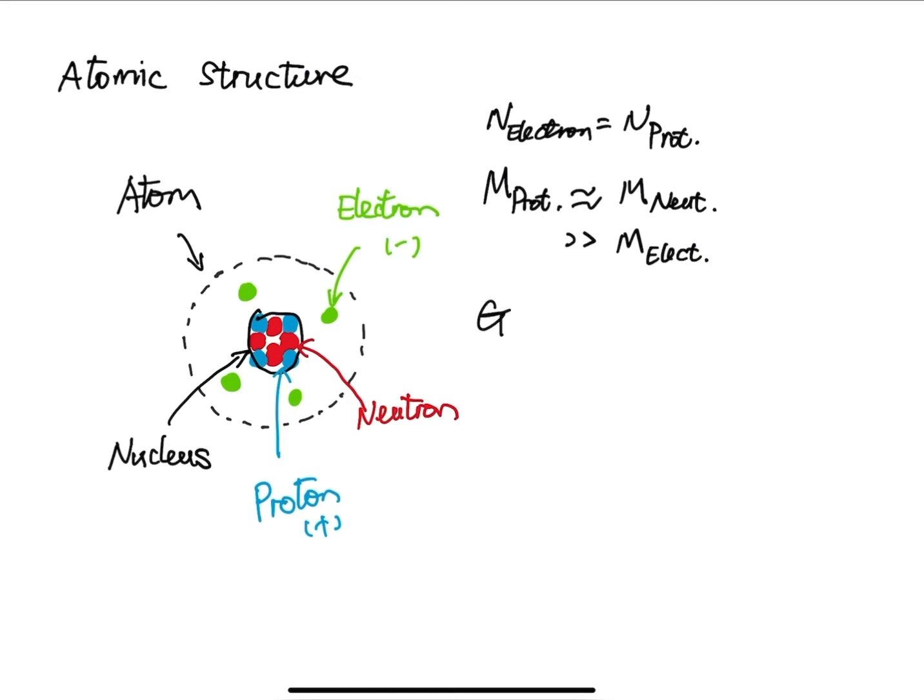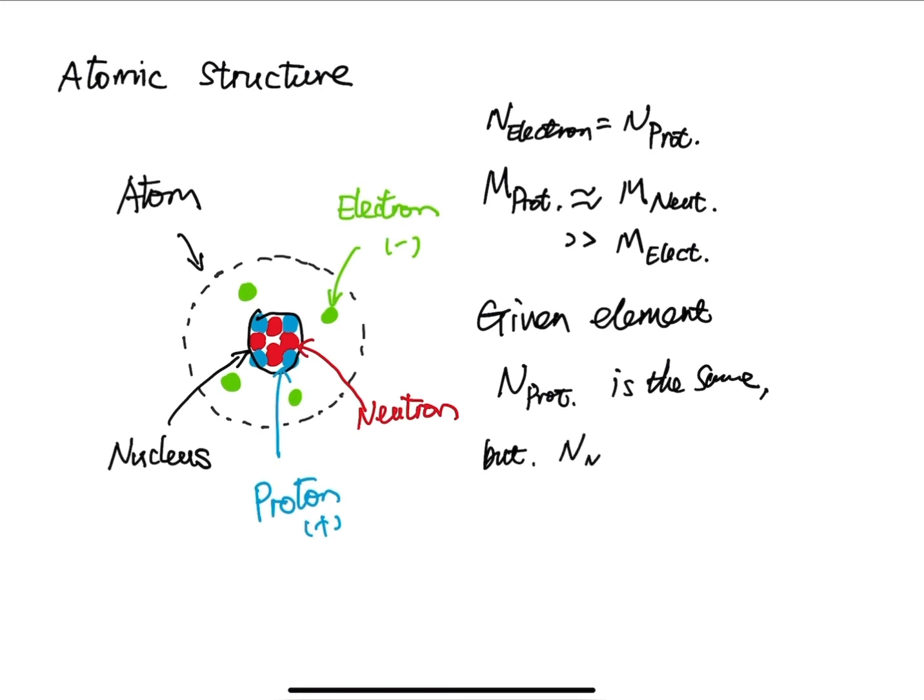For a given element, the number of protons is the same for all atoms, but the number of neutrons may be different. So the same element can have the same number of protons but a different number of neutrons.